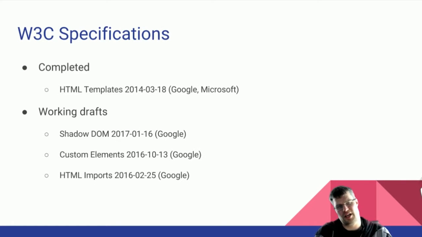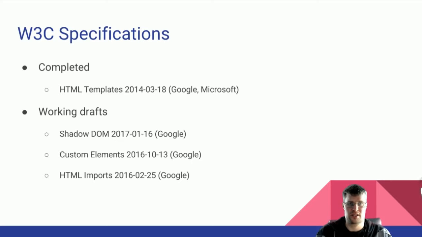So, some specifications. The templates is done. By 2014 we actually got a completed specification by Google and Microsoft, which is really good. So it's pretty much implemented in all browsers. And then we have these working groups. Shadow DOM is the most prevalent. It's most worked on and so on.